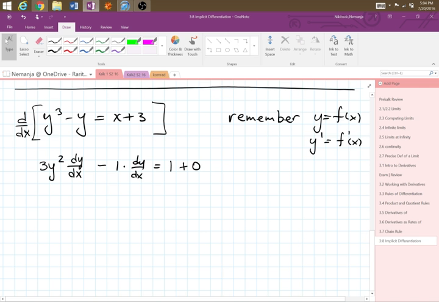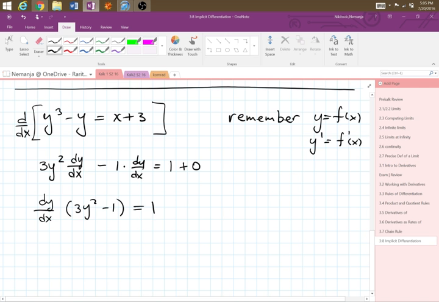So you hopefully see a one-to-one correspondence between the terms and the derivative. Each term had the derivative performed on it. And now we have this new expression. Now we want to know what the derivative is. Well, hopefully we just quickly factor out dy/dx. In parentheses, we are going to get 3y squared minus 1 is equal to 1.